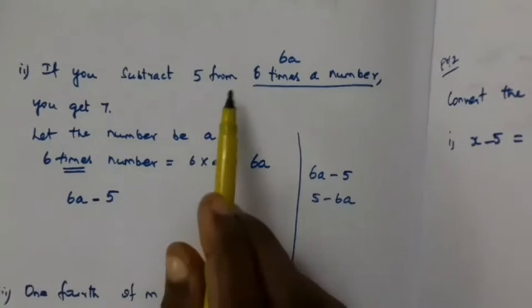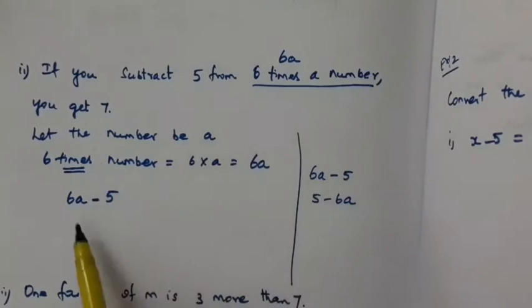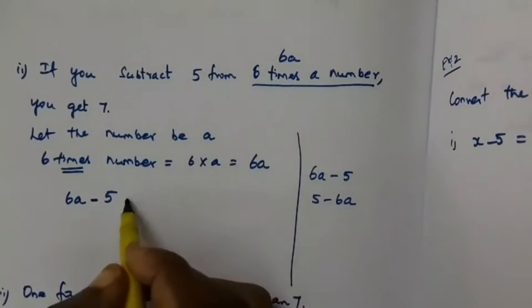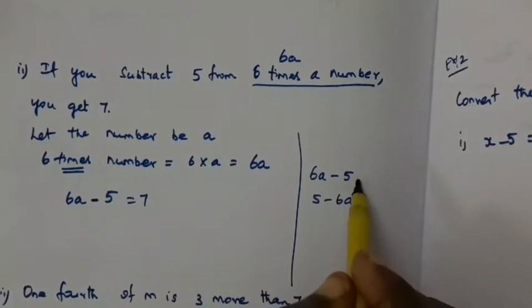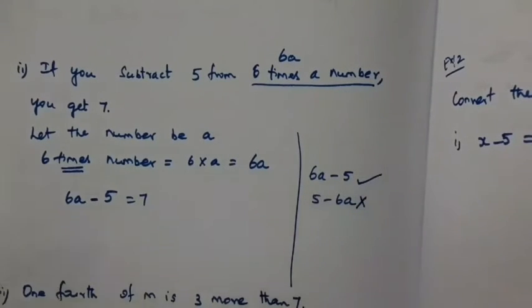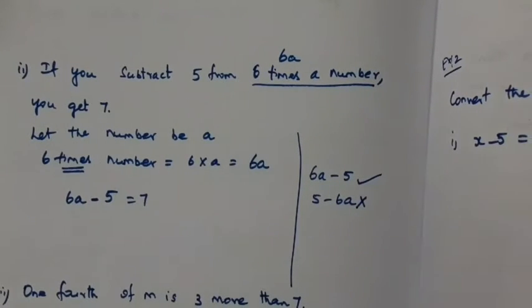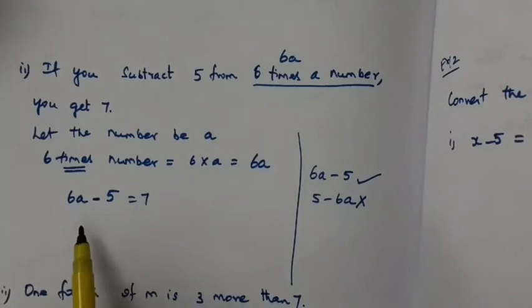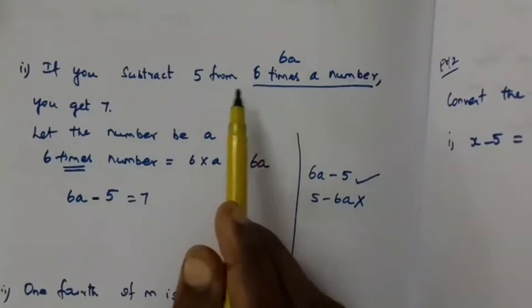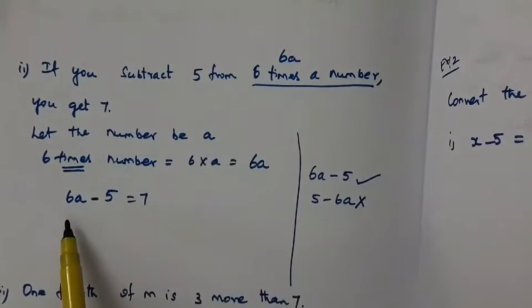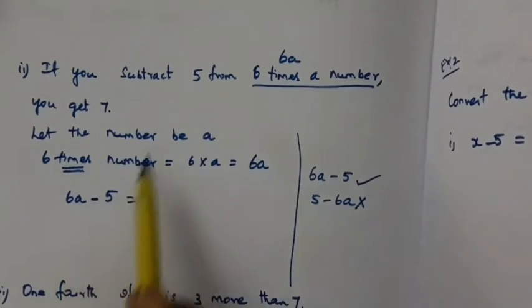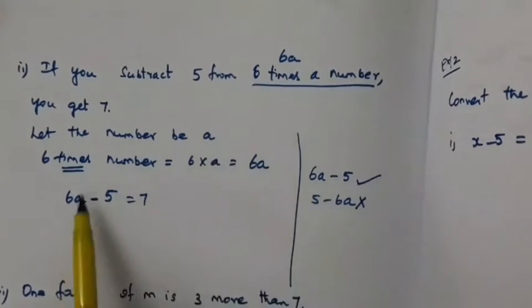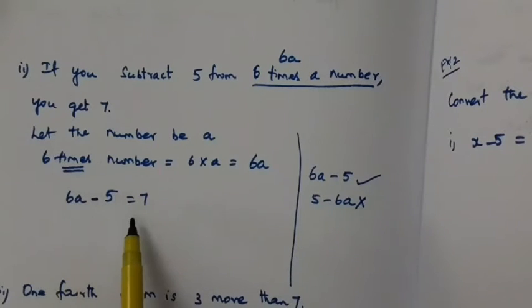So whichever is coming after from should be the first number. So 6a minus 5 is correct, 5 minus 6a is wrong. Okay, this problem will not arise if you sum. Either you sum it as x plus y or y plus x, they are the same. But in subtraction, always remember that the number coming after from should be the first number. So this is, if you subtract 5 from 6 times a number, you will get 7.